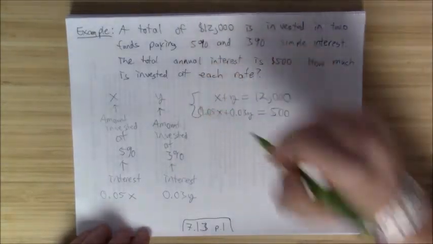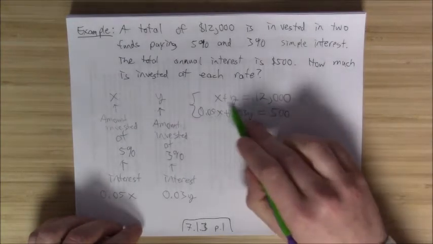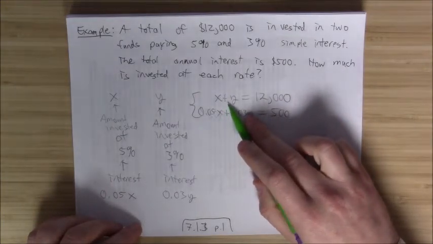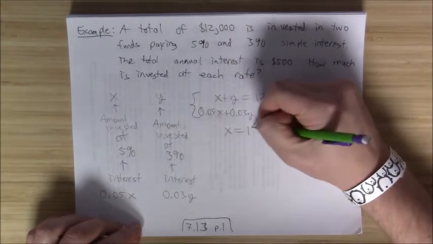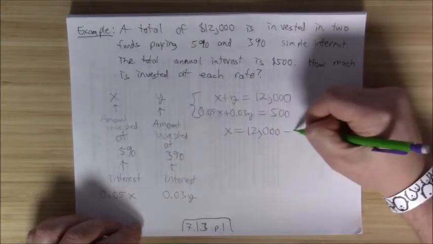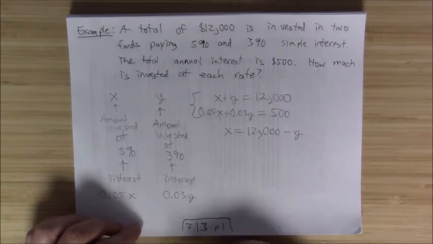And so we now have a system of linear equations. We can solve this now. Let's go ahead and use substitution. We're going to solve for x in terms of y first so that we can substitute in. So subtracting y to the other side, we get x equals 12,000 minus y.